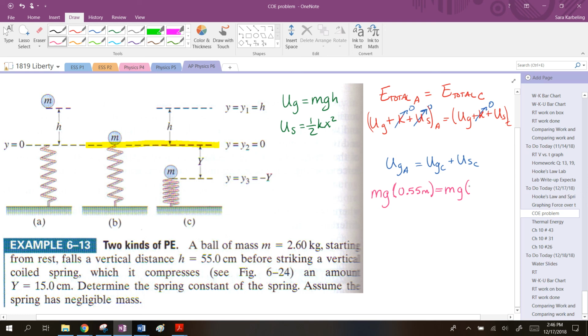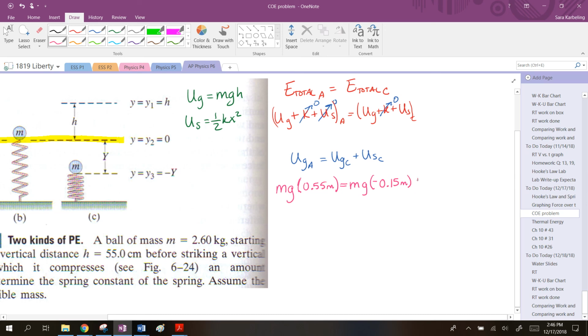Negative 15 centimeters, or negative 0.15 meters. I'm going to scooch this over. Plus 1/2 of K. No, we don't have the K, that's what we're looking for. Times, what's the displacement in the kx squared going to be? So x is the displacement from equilibrium. What's that? 0.15.